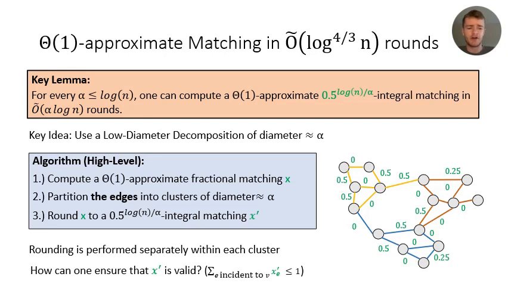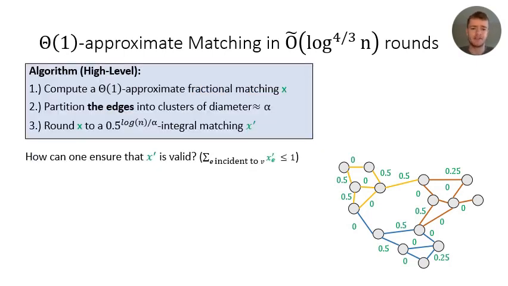So the question is, if each cluster rounds its own parts, how can we ensure that x prime is still valid, in the sense that for each vertex, the weight incident to it is at most 1? Okay, so this we're going to talk about in this slide. And the way we can ensure that this rounded matching x prime is valid is we have 2 key properties.